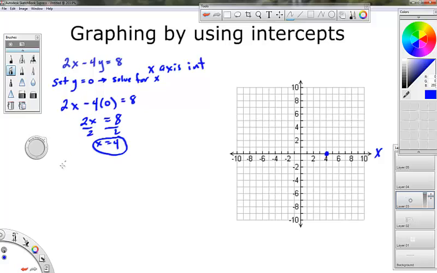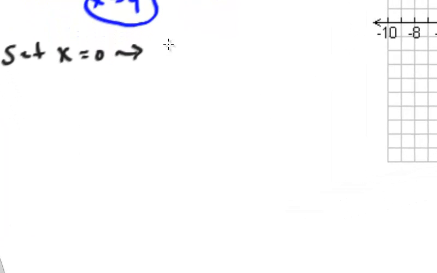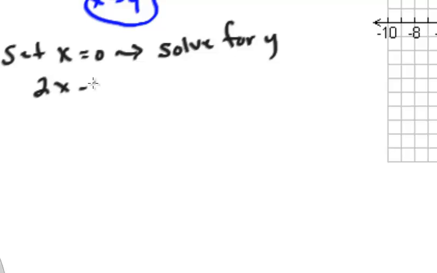And then we're going to flip this. So we will set x equal to 0. It doesn't matter. You have to do them both anyway. Order doesn't matter. Solve for y. Let's do that. I'll rewrite the problem. Set x equal to 0. So I'm just going to put 0 right there.